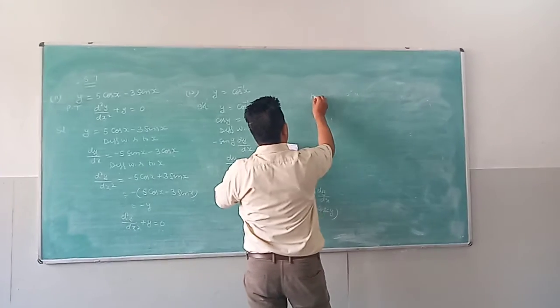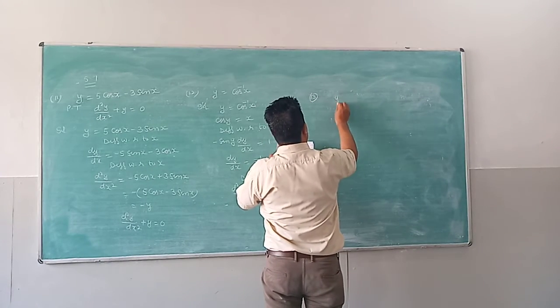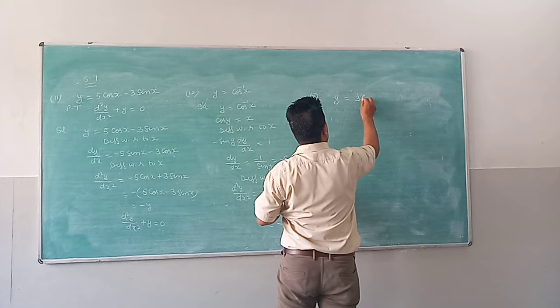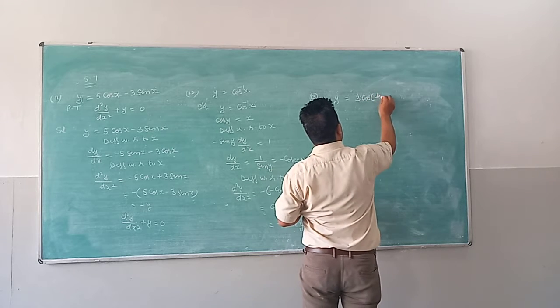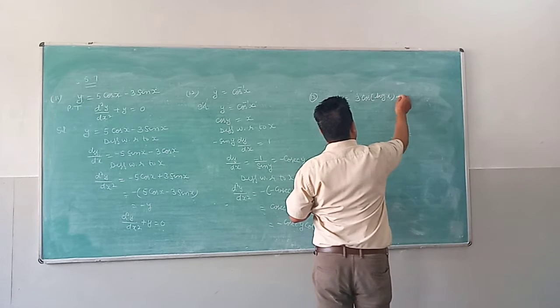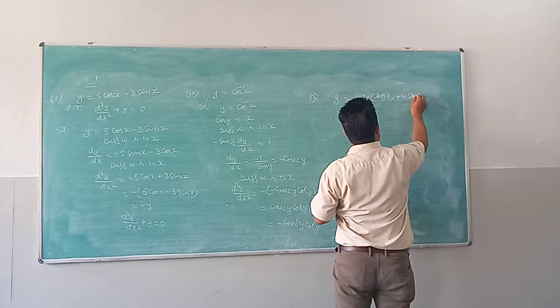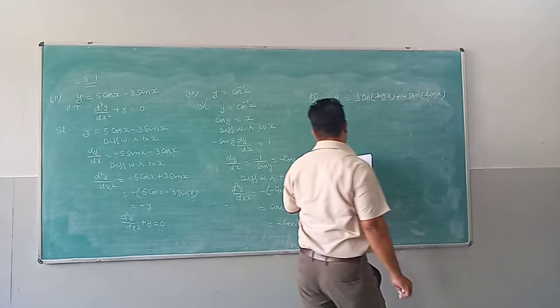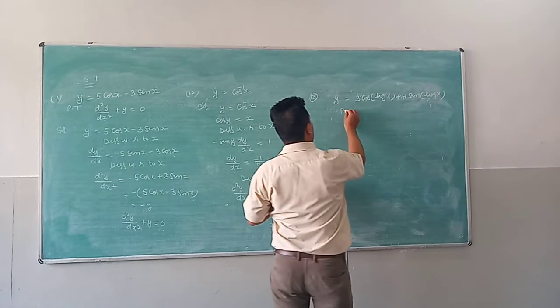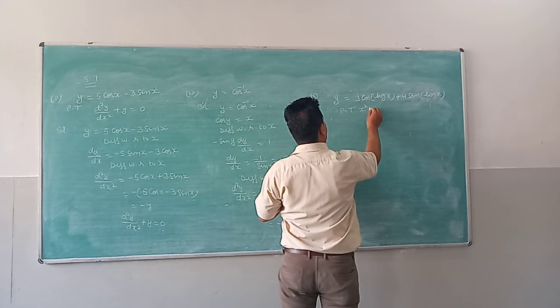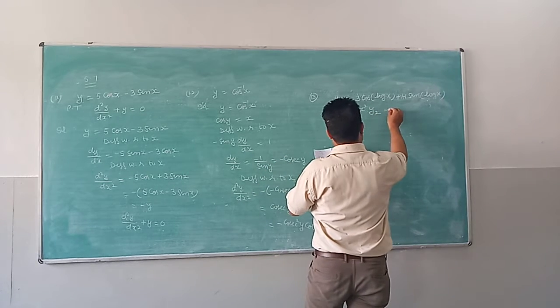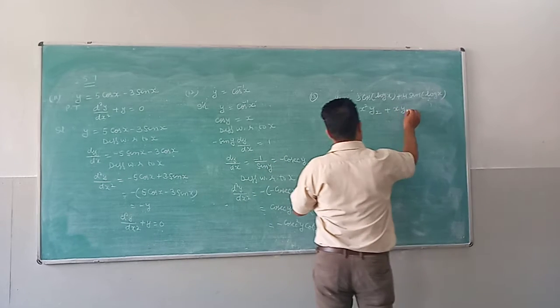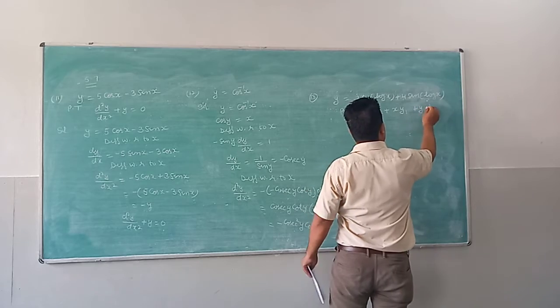In question number 13, the statement is y is equal to 3 cos log x plus 4 sin log x. In this, we are required to prove that x square y2 plus x y1 plus y equals 0. y2 means second derivative, y1 is first derivative.